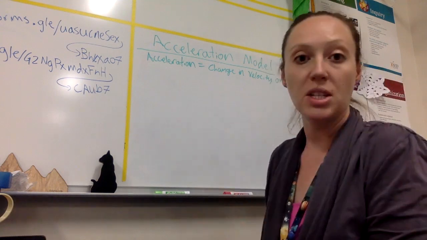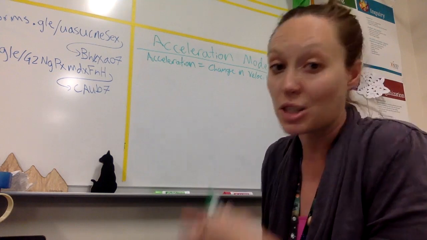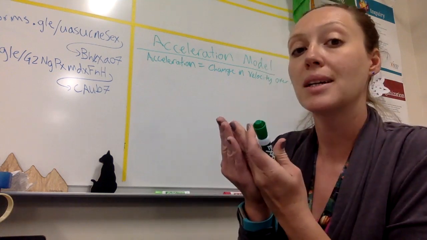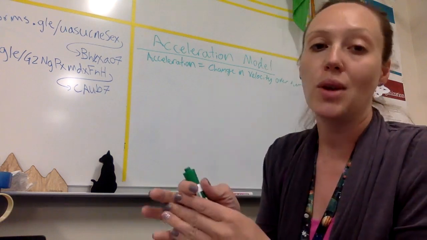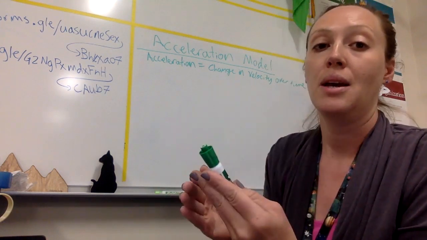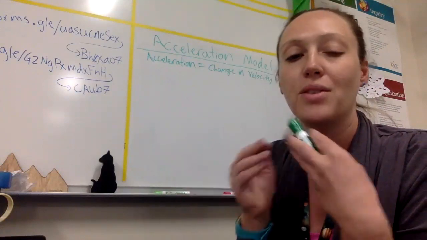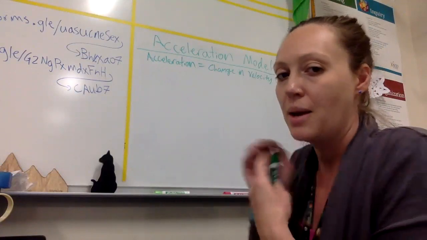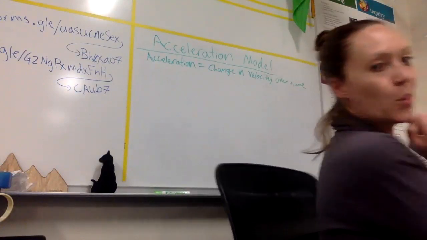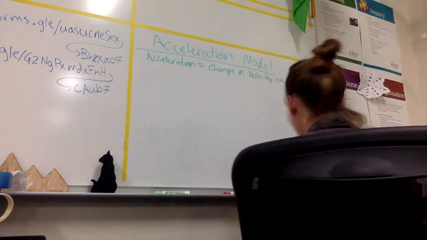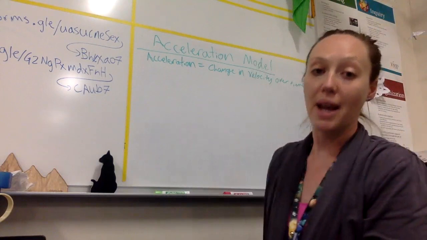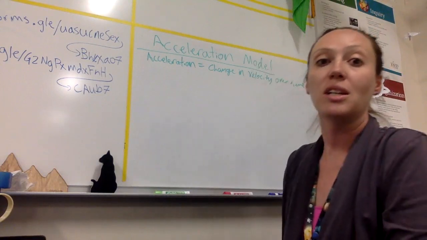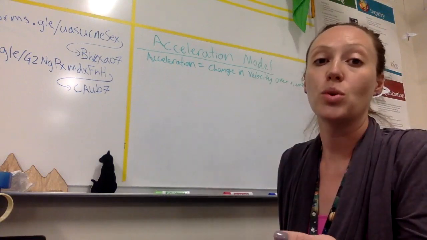There are two ways to change velocity, because there are two pieces of information in velocity: how fast and direction. So you could be changing your velocity by changing your speed, and you can also be changing your velocity by changing your direction. Whee, acceleration. I'm changing my direction. But right now we're just looking at acceleration due to a change in speed.